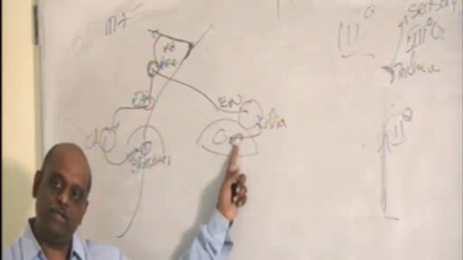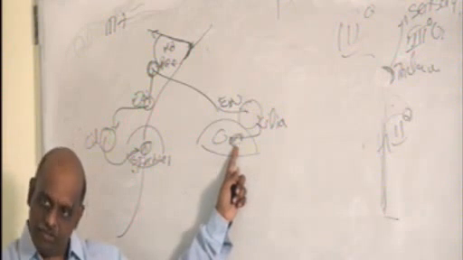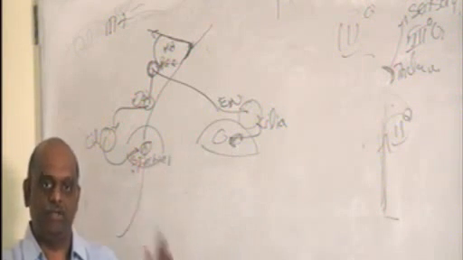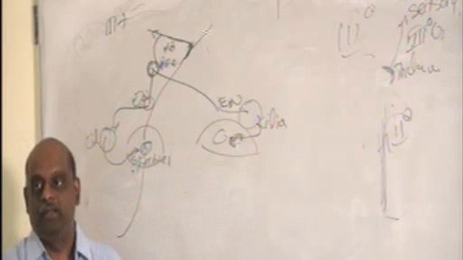Opposite side pupillary constriction is called the consensual light reflex.